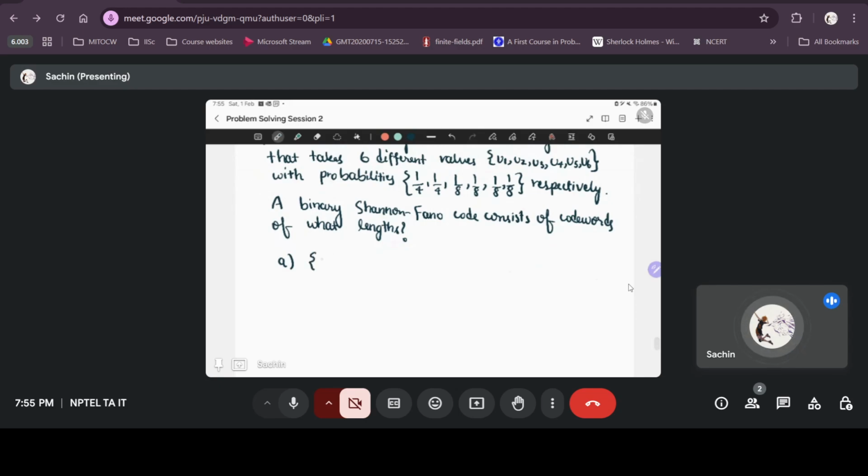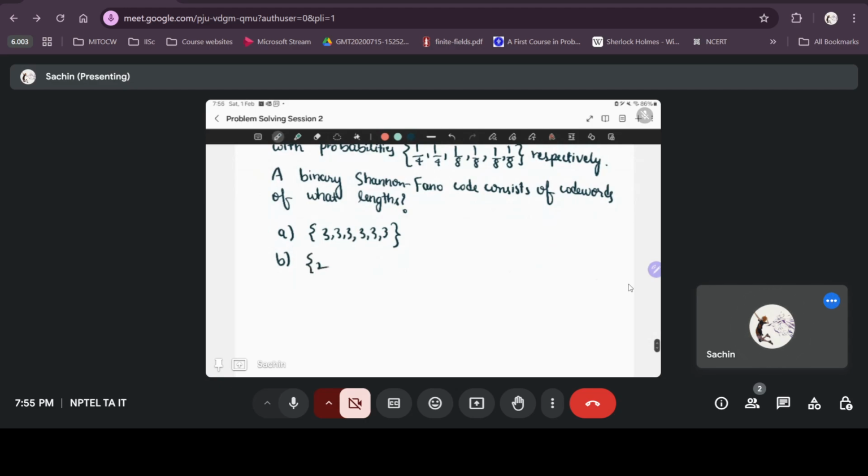The options are: all the code words are of the same length. Just by inspection you can see that's probably not right because all of them don't have the same probability. An optimum code would assign different length code words to messages with different probabilities. So option B is also by inspection not correct.